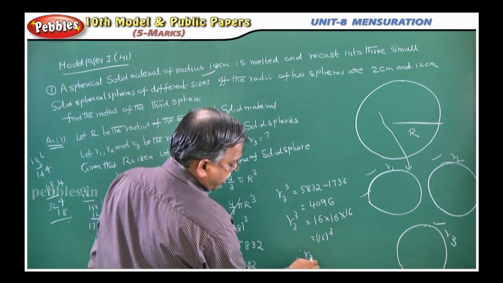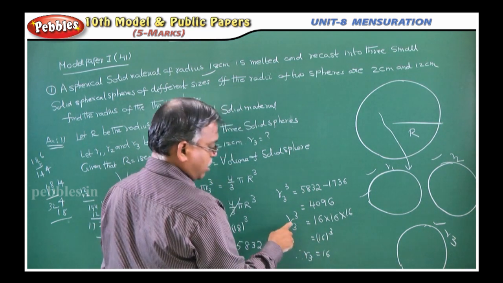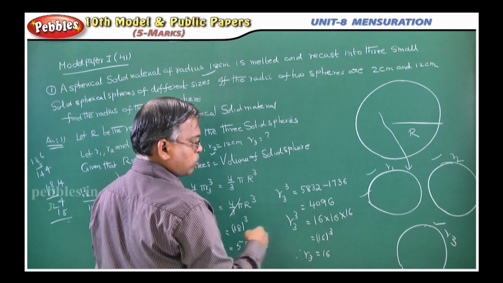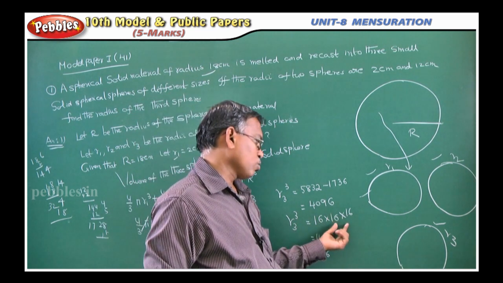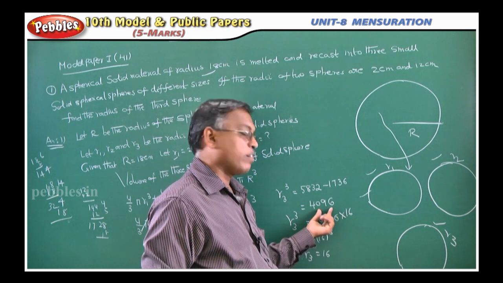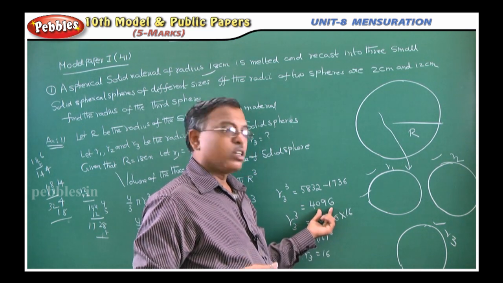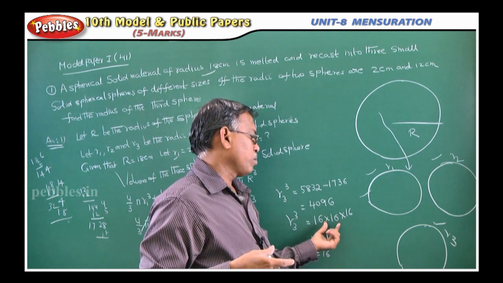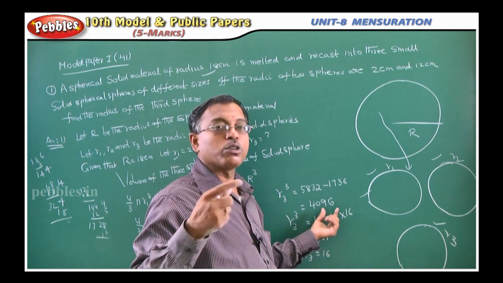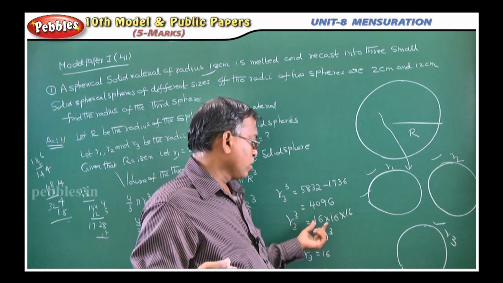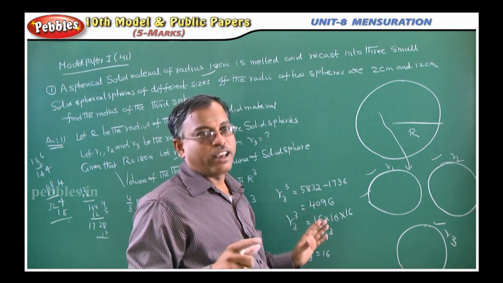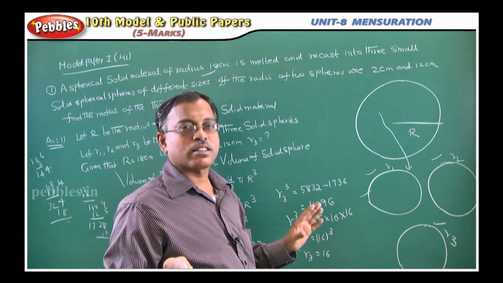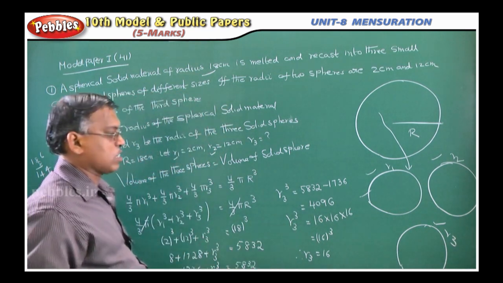Therefore what is r3? 16. Because here powers are the same, bases should be the same. But here I wrote directly. What you should do is divide this one with prime factors like 2, then you will get the answer. Prime factors you will get like 2 into 2 into 2 like that, then take the cube. That is the only way. We have to divide with prime factors. We will learn that in lower classes.